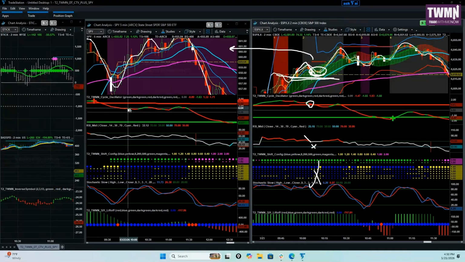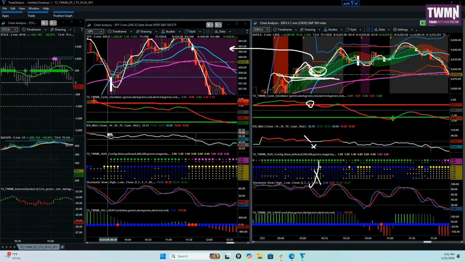Cycle oscillator was green right here. It was kind of coming down, but it really hasn't failed yet. And you had all this downward action going on here, and you had upward price action. So you don't have confluence between price action and your cycle oscillator right now, or your RSI or anything.